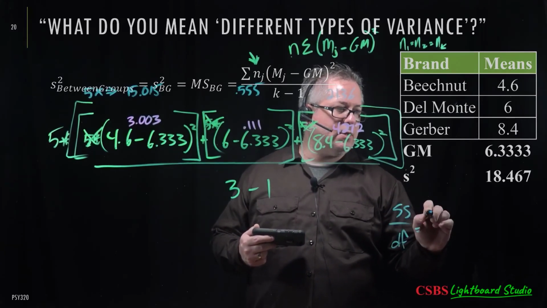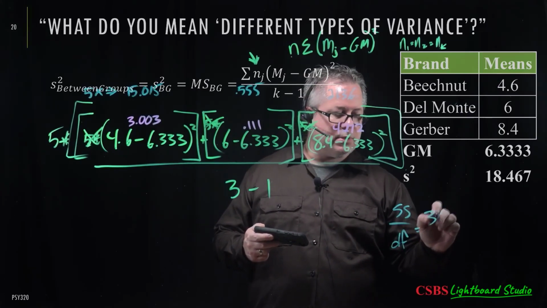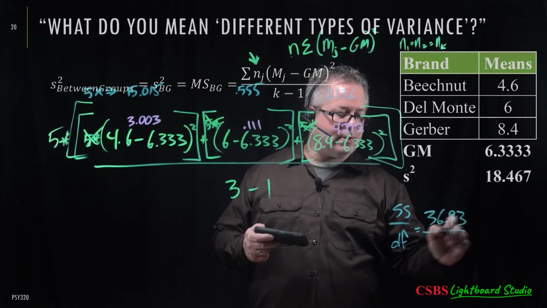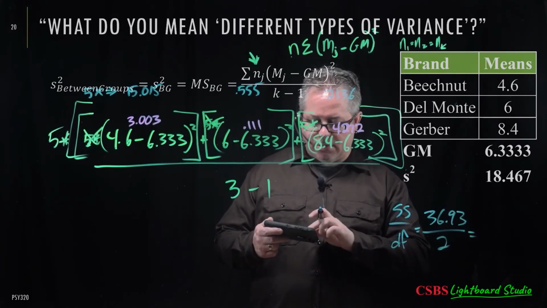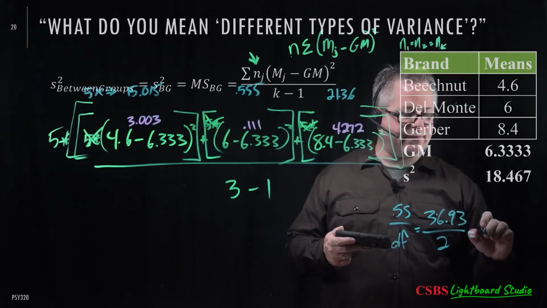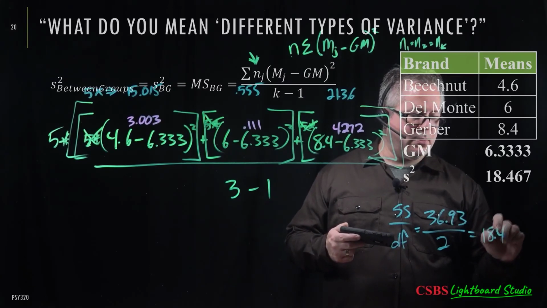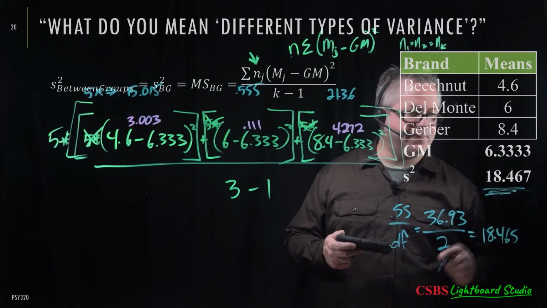So we get 36.93 divided by 2, which equals 18.465, which is really close to this.